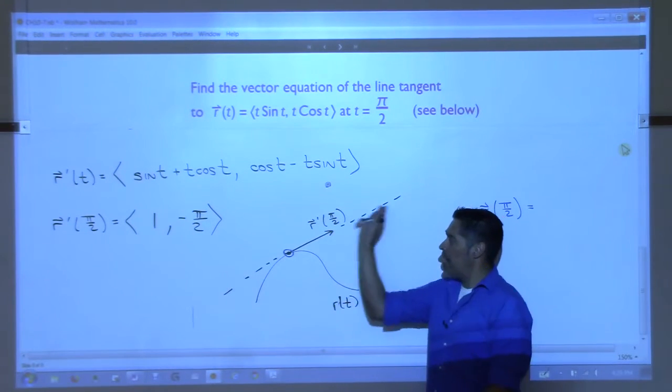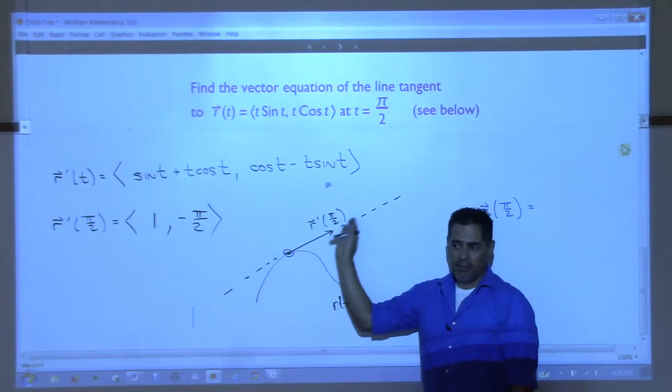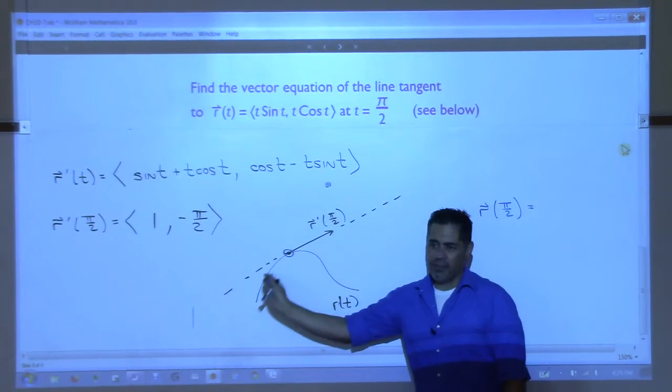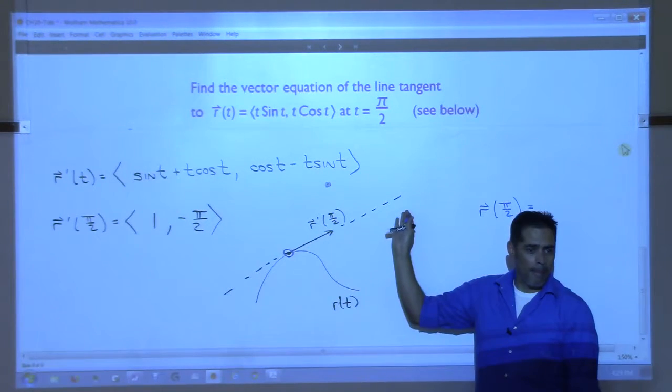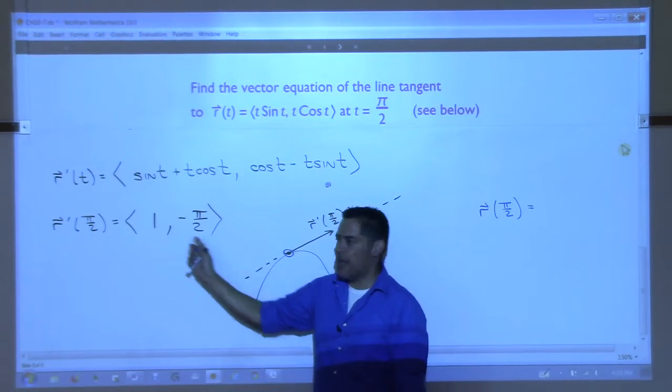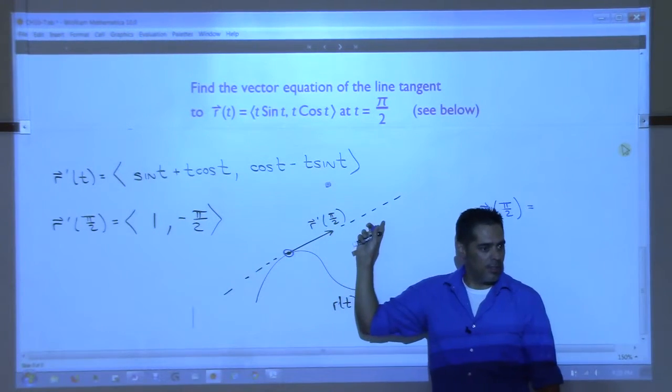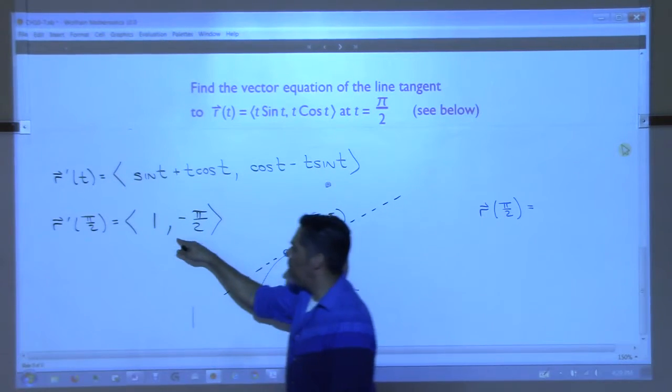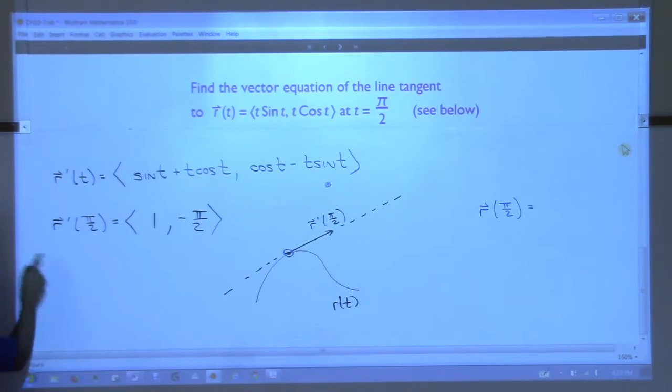And then what about a direction vector for this line? Well, that's this, right? This is a vector that is pointing in that direction. So this right here will be our v, and the r naught we had to go back to the original curve to get. So here's r.